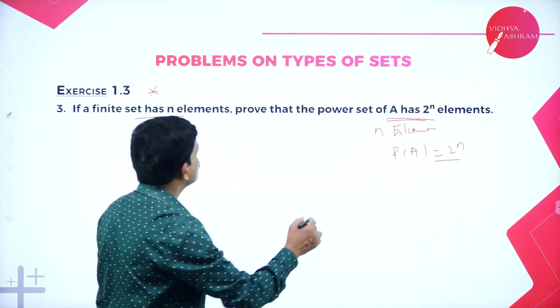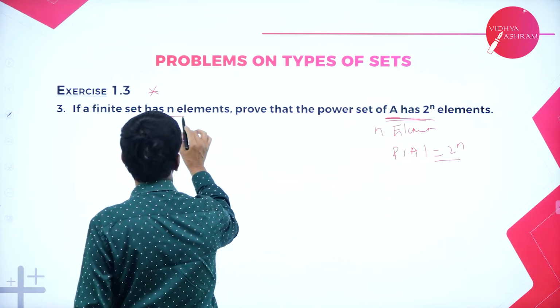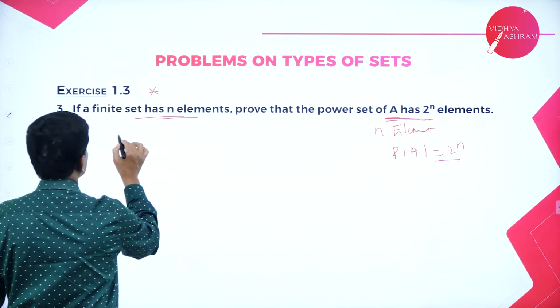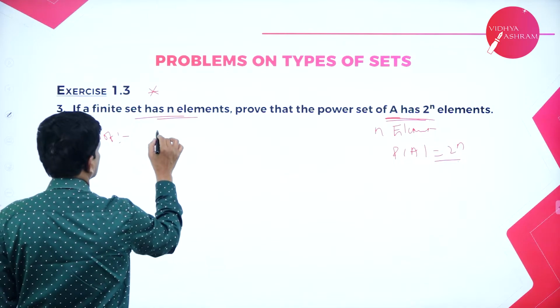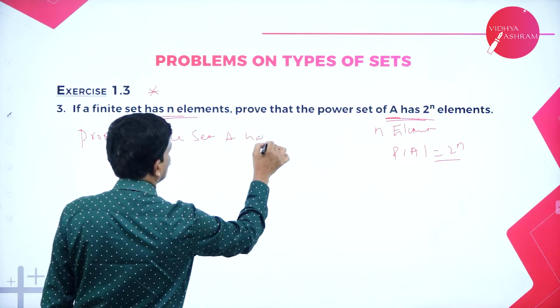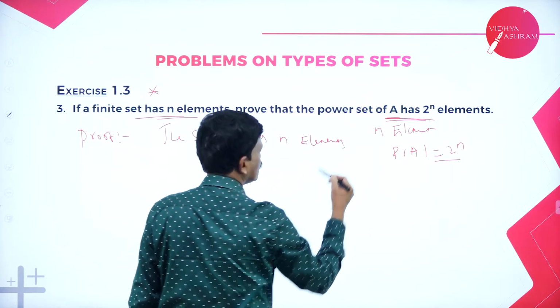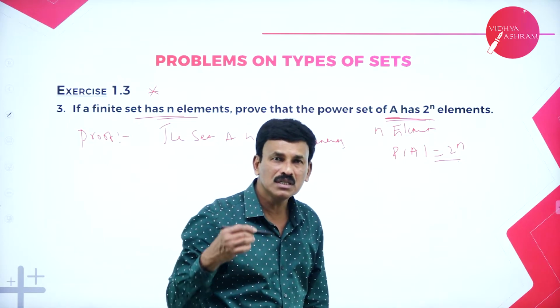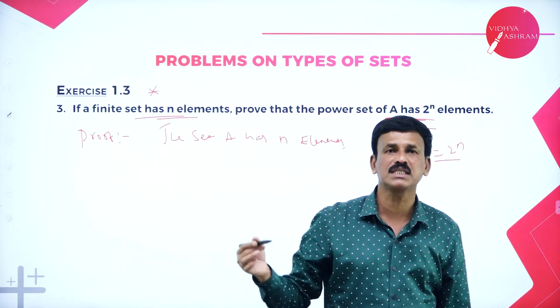What is given? A finite set A has n elements. Since the set has n elements, there may be no element, one element, two elements, three elements, etc., up to n elements.